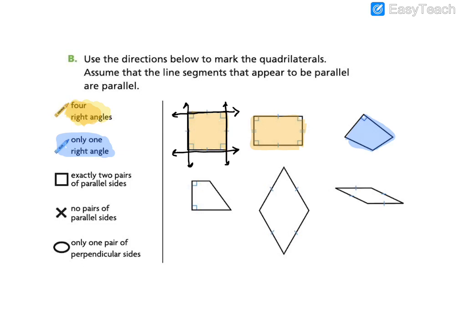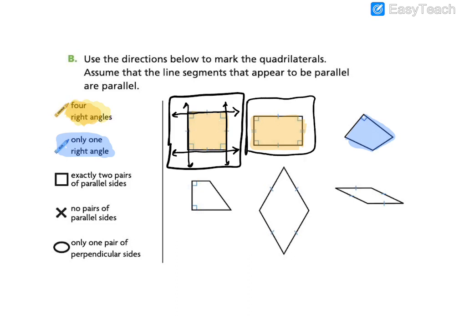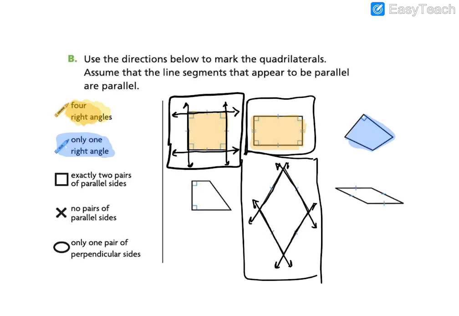So this is an example of a shape with 2 pairs of parallel sides. This shape also has 2 pairs of parallel sides. Now if you look at this shape here, that looks like it has at least 1 set. And that shows us that this shape also has 2 pairs of parallel lines.